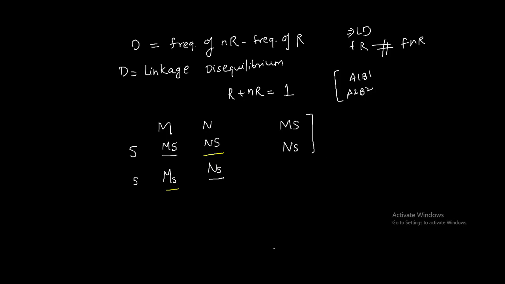Usually in case of the linkage disequilibrium, frequency of these non-recombinants, because they are the parental types, is going to be higher. But let's say these are the non-recombinant types. Then N, S and M, s, these are the recombinant types.